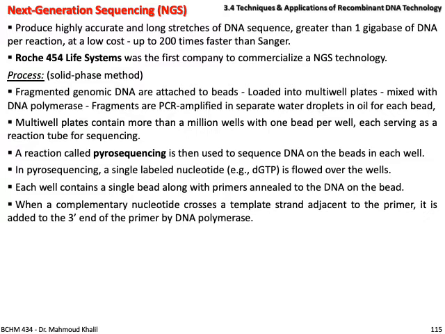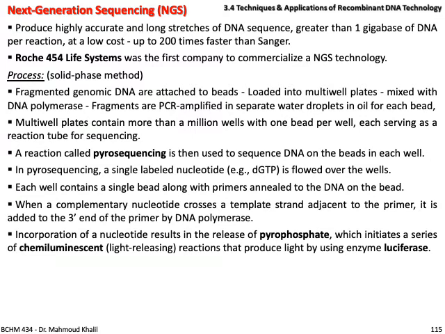When a complementary nucleotide crosses a template strand adjacent to the primer, it is added to the 3' end of the primer by DNA polymerase. Incorporation of the nucleotide results in the release of pyrophosphate. This pyrophosphate, which is the PPi, initiates a series of light-releasing, chemiluminescence reactions that produce light by using the enzyme luciferase. So each nucleotide will generate a different light, based on the tag of the fluorescence it has, okay?